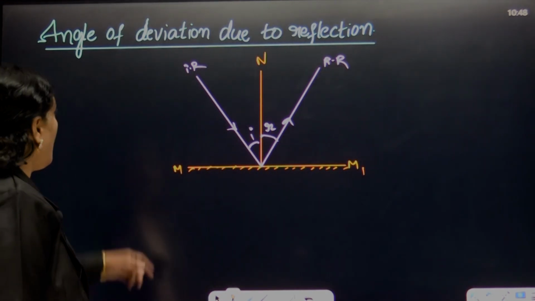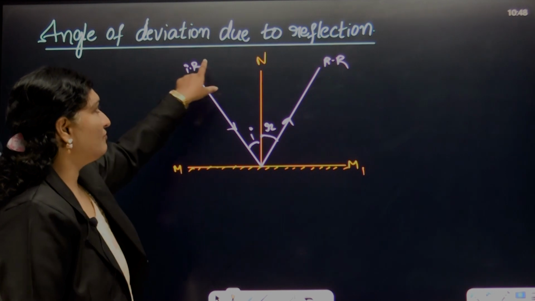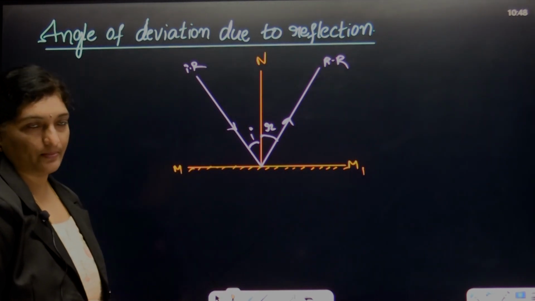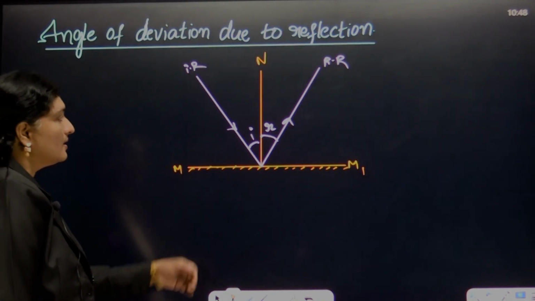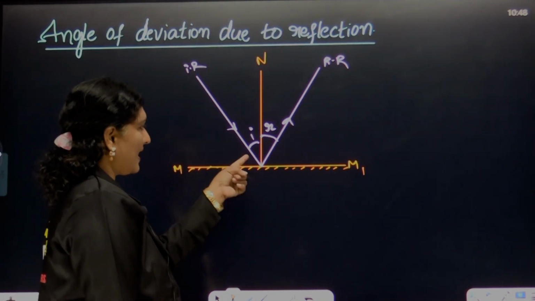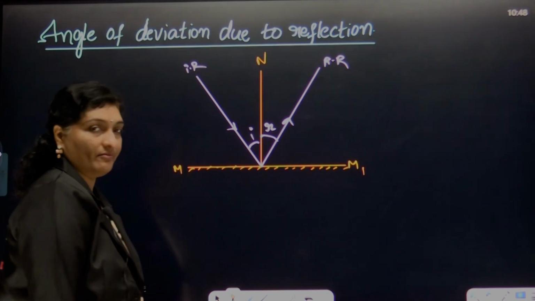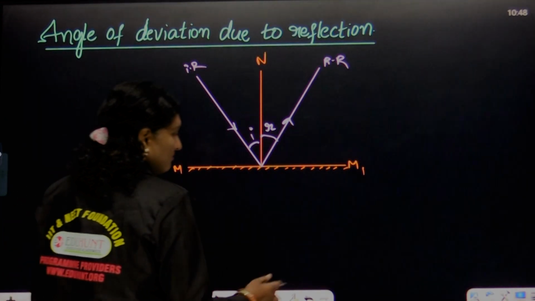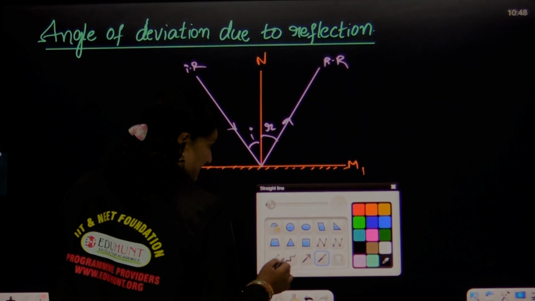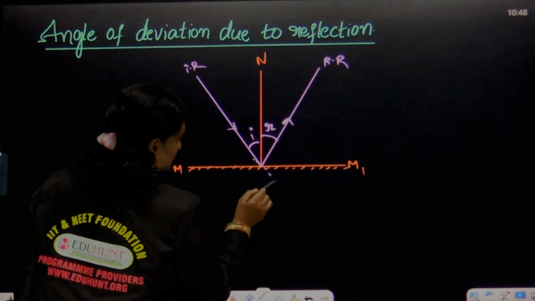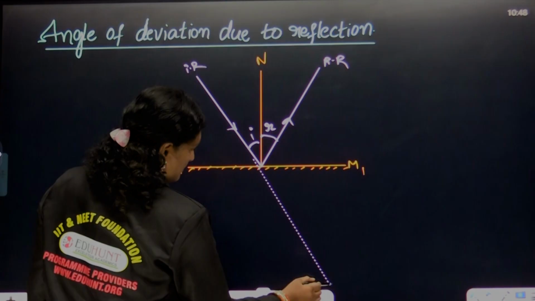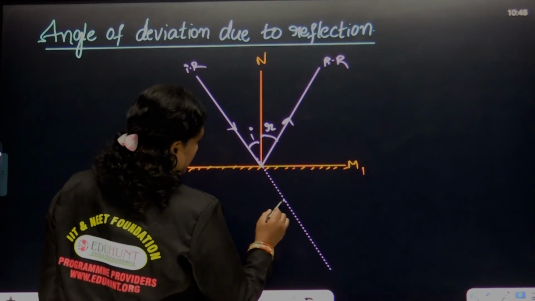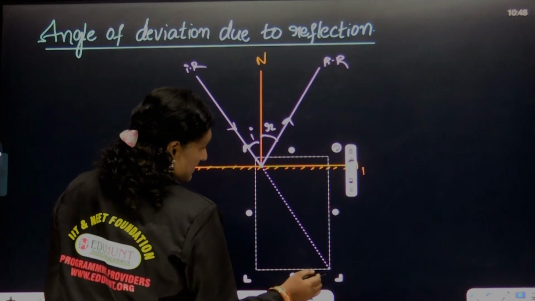So, now our main concept is to find the angle of deviation due to this reflection. Children, suppose if this light ray would not have reflected back, then what would have happened? It would have gone to the other surface along this line.